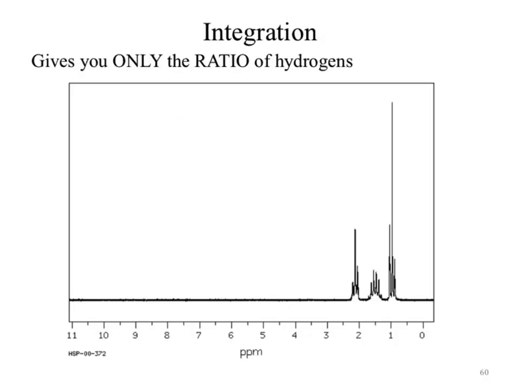Integration gives you the ratio of our hydrogens. So when we go through and look at this, we have 3 different groups of signals, right? What is different about those signals? The heights. Why would the heights be different? Ratio, integration. Why are the heights different?